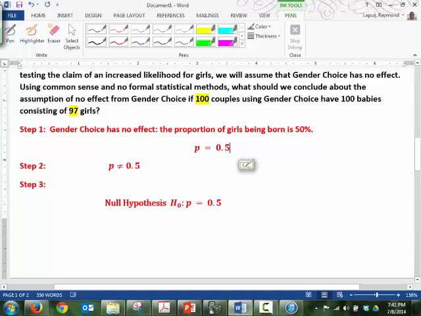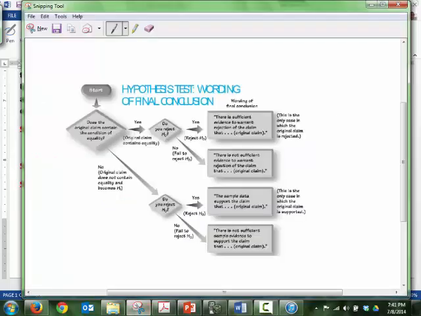Yes, it does. Our claim was p equals 0.5. Yes, it does. In step 7, did we reject the null hypothesis? Yes, we did.